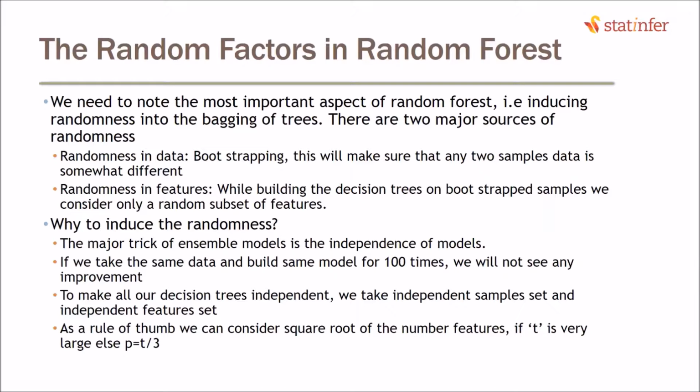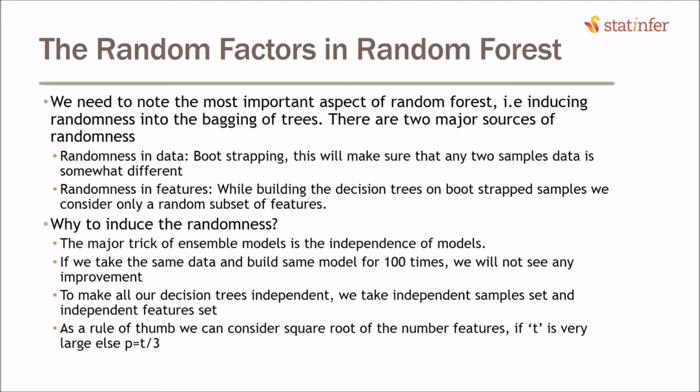First, randomness in the data, done by using bootstrapping. This makes sure that any two samples in the data are somewhat different. Second, randomness in features. While building the decision trees on bootstrapped samples, we consider a random subset of features, so we have ensured that all the trees are random.